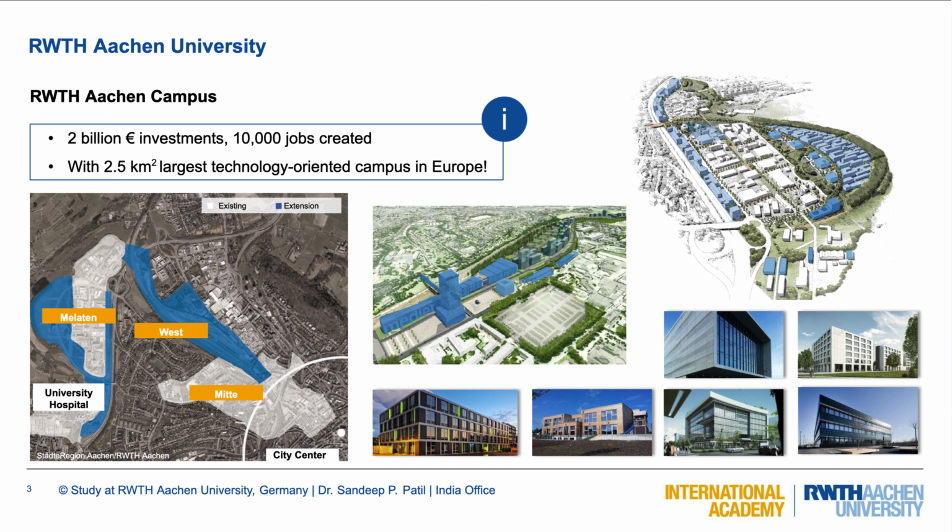And then the last part, which is developed mainly for startups and new technology, new labs or highly developed labs, is Campus Melaten, which is a little bit far away from the city, but not so far away. It is pretty close to the university hospital also. You can see here some glimpses of Campus Melaten. It is one of the highly technology-oriented campuses, the best or largest in Europe right now.